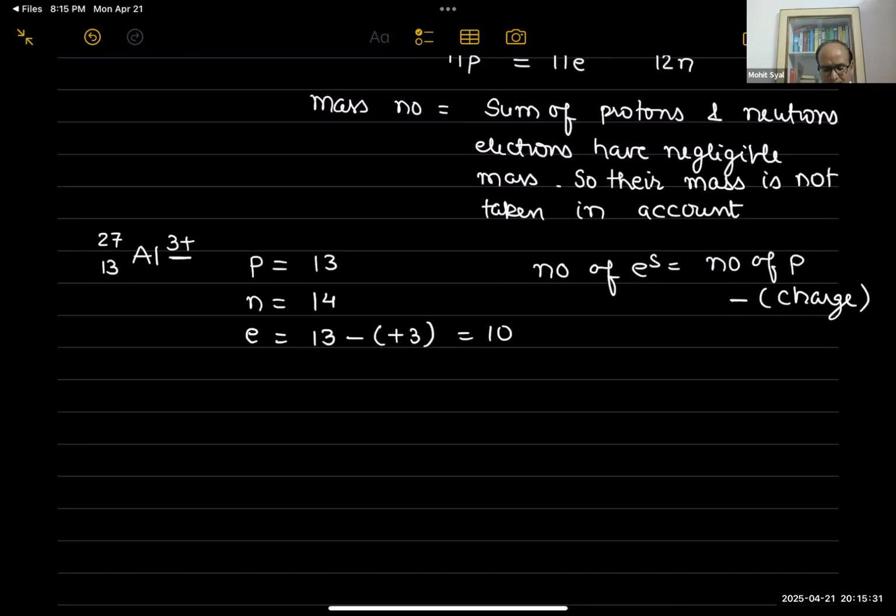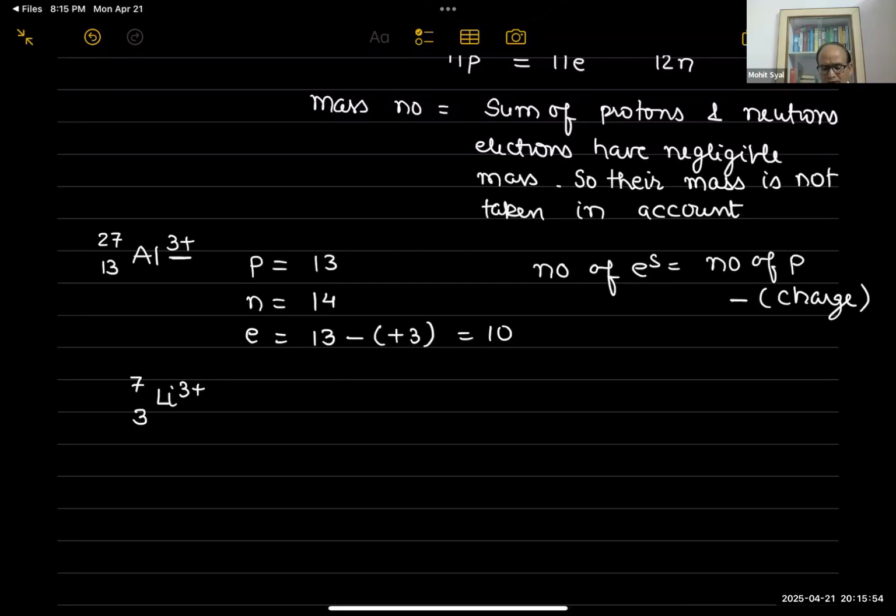Suppose you have Li3+, the third element. Its mass number is 7.